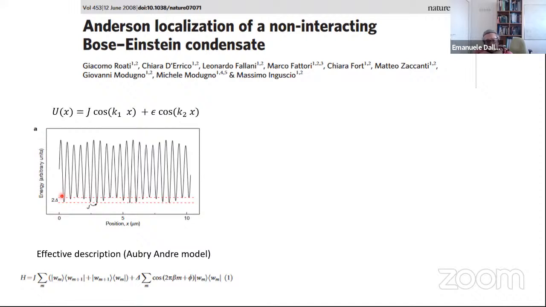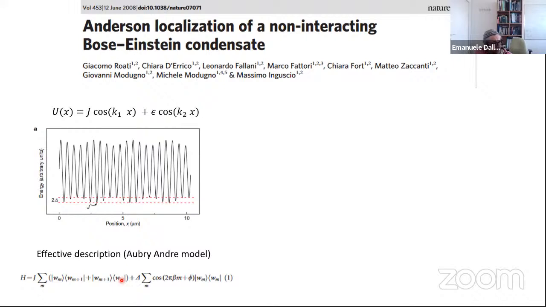And this is what is written here. This Wm is the Wannier wave function, just the wave function of the lowest energy. M counts the wells, so this is m equals 1, m equals 2, m equals 3. And this is the wave function of the lowest energy of each well. Okay?